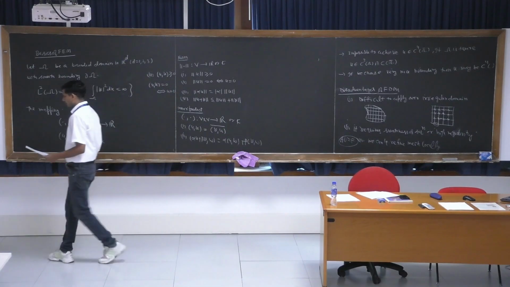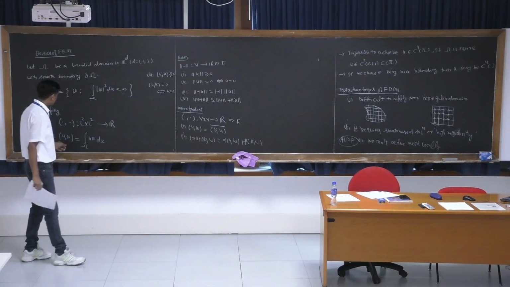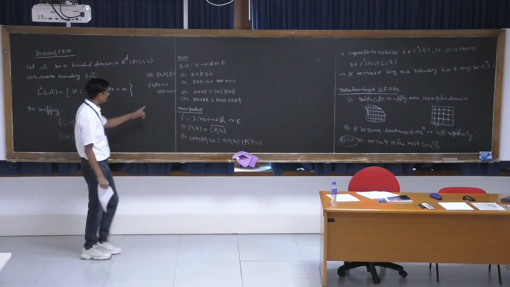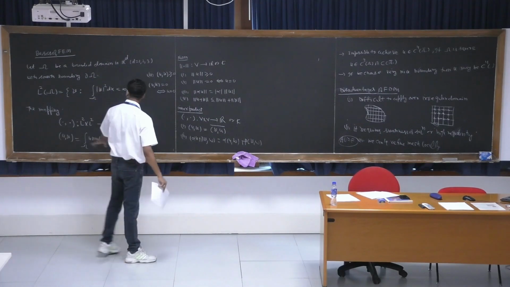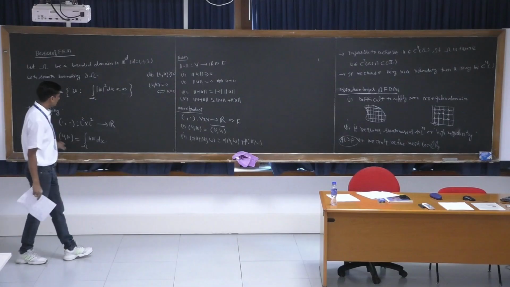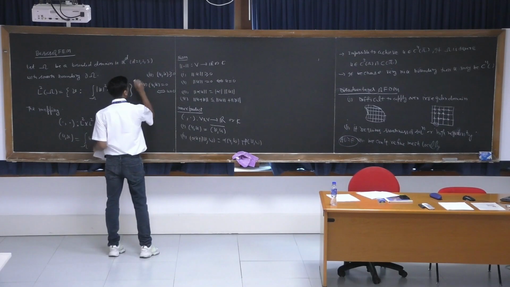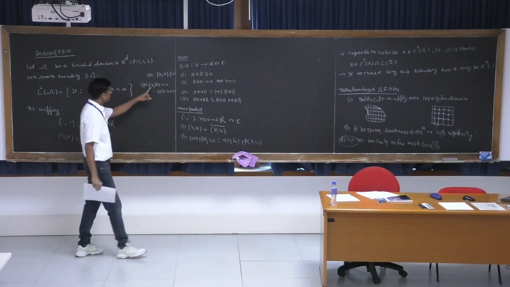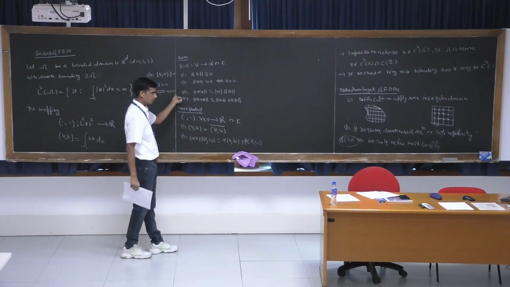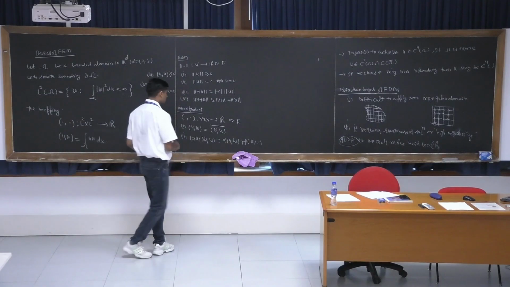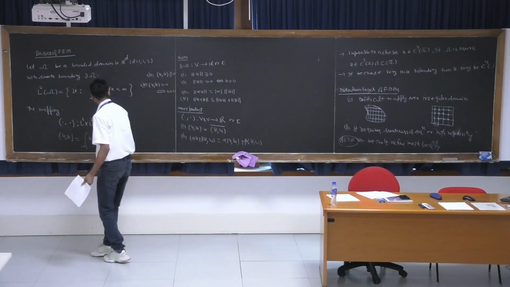But here, in L2 space, this inner product does not necessarily satisfy that last property, meaning the integral being 0 does not necessarily imply that the element is also 0.